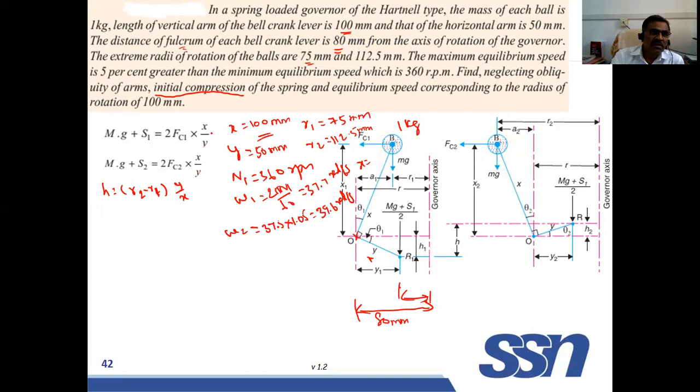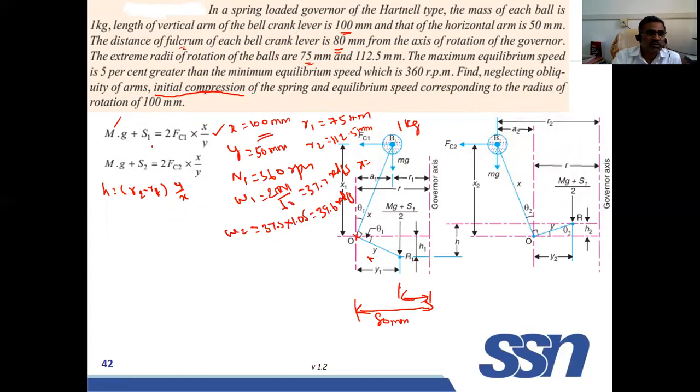First, in this equation, you find the value of S1. To find the value of S1, the mass of the sleeve M is not given in the problem.